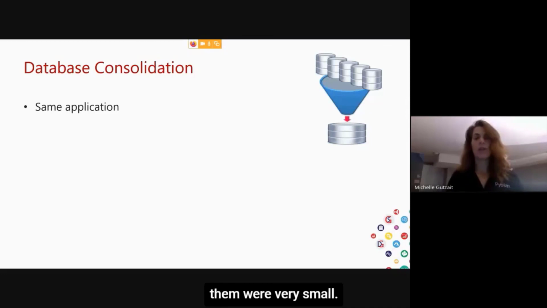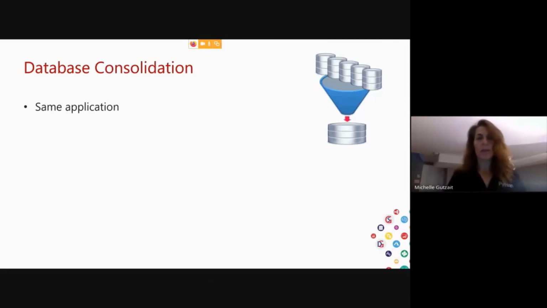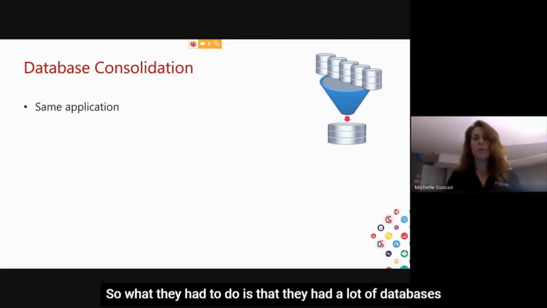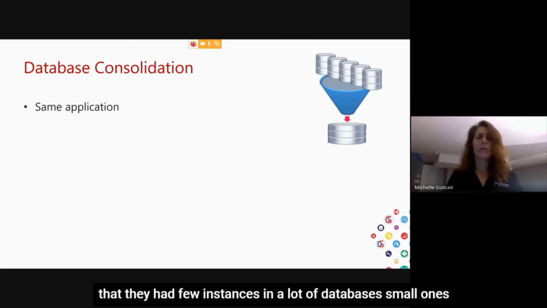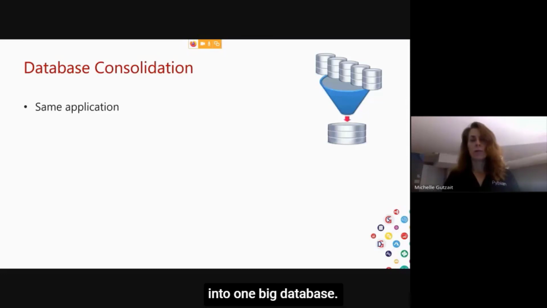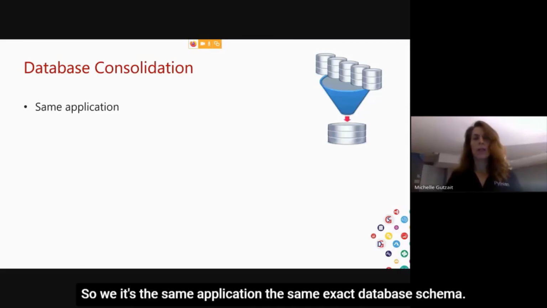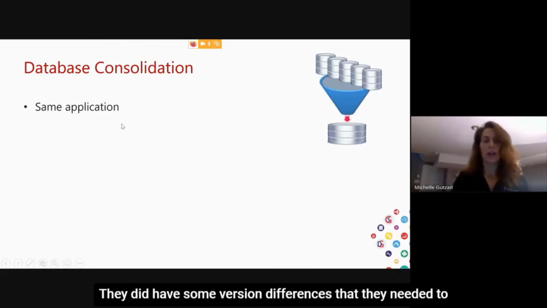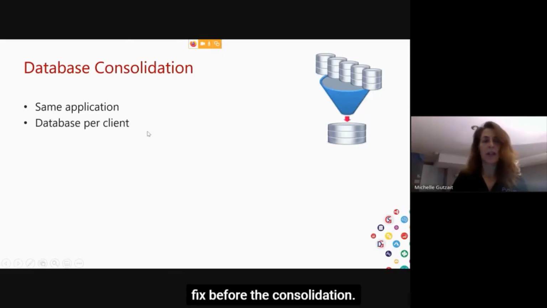Most of them were very small. They had few instances and a lot of small databases underneath, and they decided to consolidate the small ones into one big database. It's the same application and the same exact database schema. They did have some version differences that they needed to fix before the consolidation.